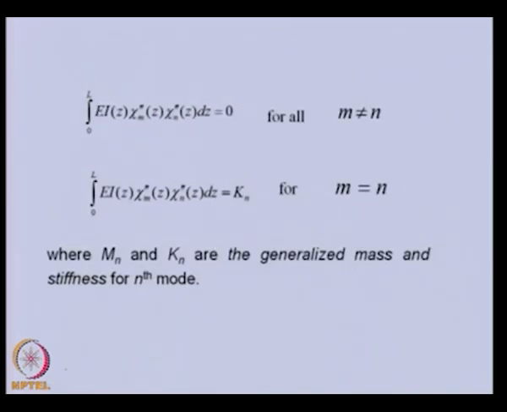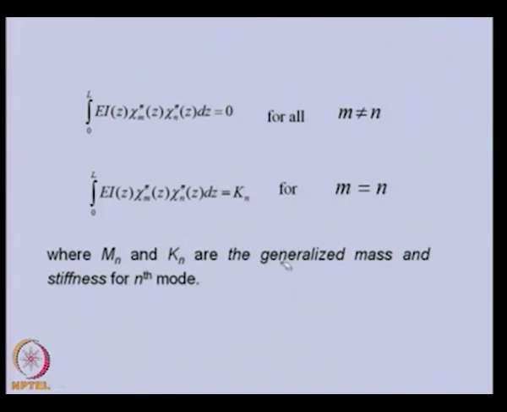Similarly, for the orthogonality condition with the double derivative of the eigenfunction, when the subscripts m and n are different this will be 0, but if they are the same, it is some other constant, kn. We define these mn and kn as the generalized mass and generalized stiffness for the nth mode. This is along the same line as the modal eccentricity we described earlier.